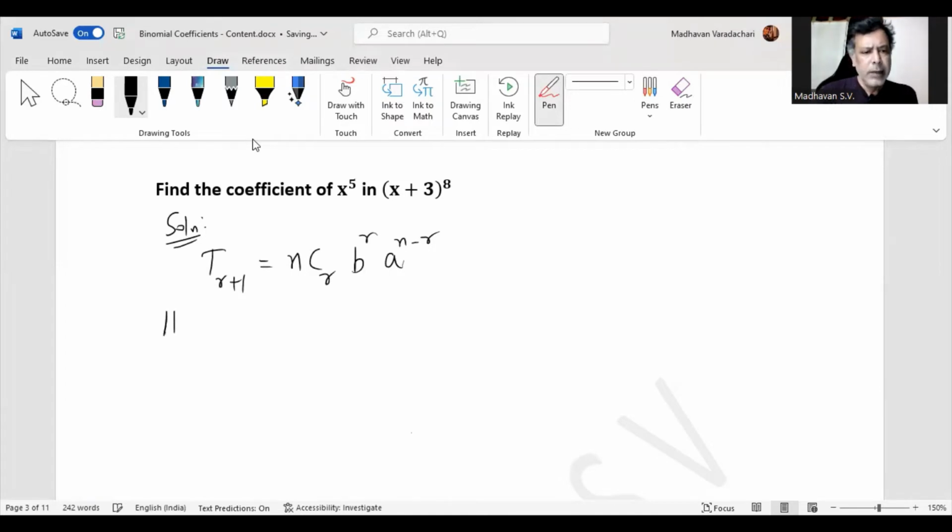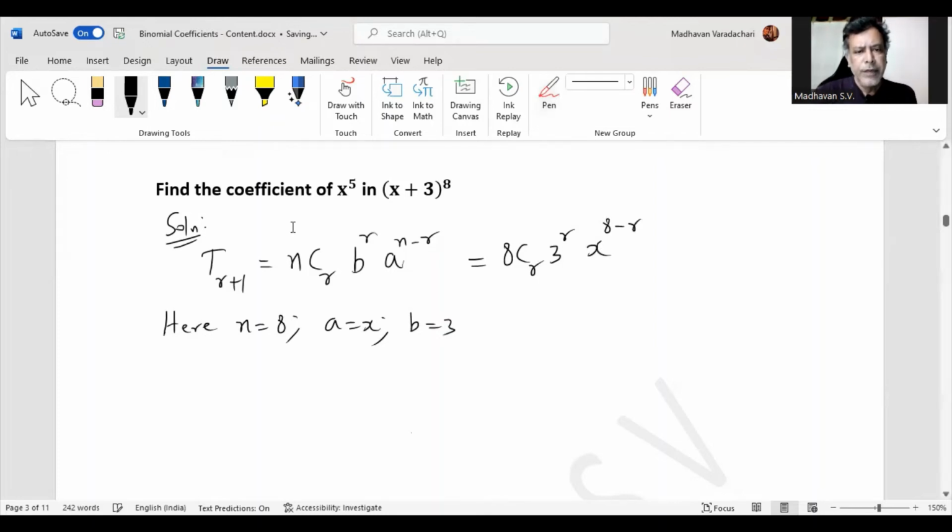Now, here our n is 8, a is x, and b is 3. So therefore, this t r plus 1 will become 8Cr 3 to the power of r, then x to the power of 8 minus r. Now, if you are interested in x power 5, then this x to the power of 8 minus r should be equated to 5.